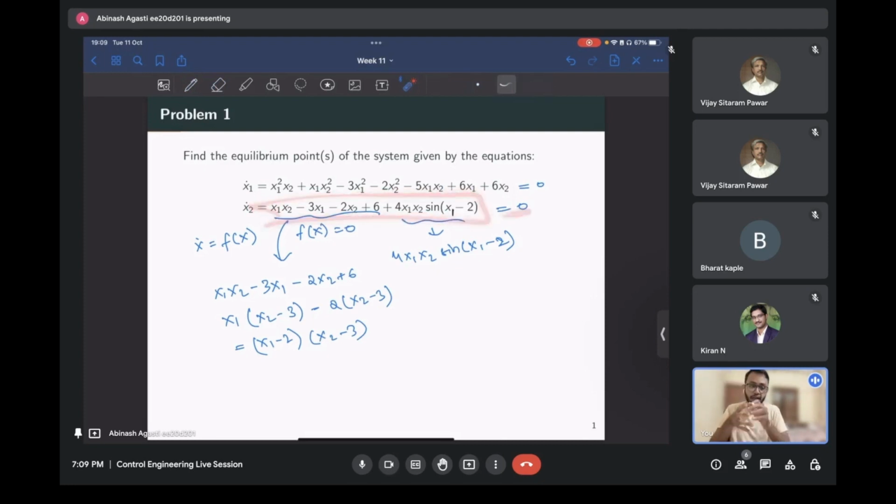We want to find all possible x1 and x2 where that is true. For this entire expression to be 0, one possibility is this first term is 0 and the second term is 0. The first term is 0 at x1 equal to 2 and x2 equal to 3, or like it is 0 at both of these points.